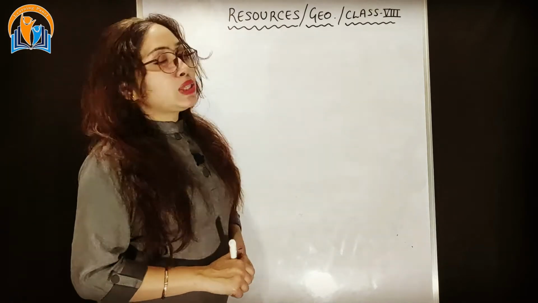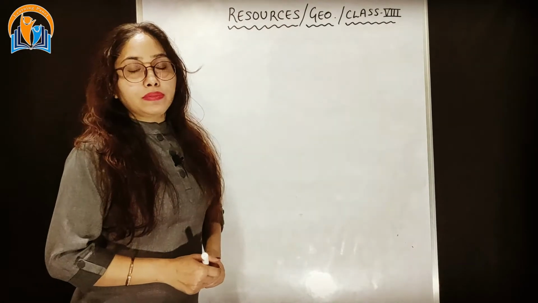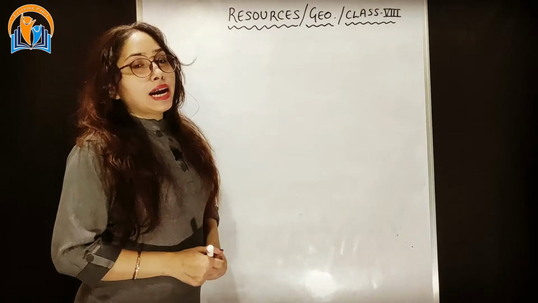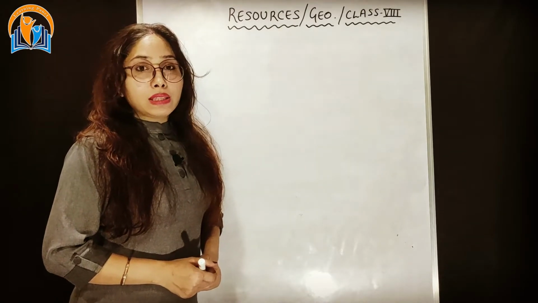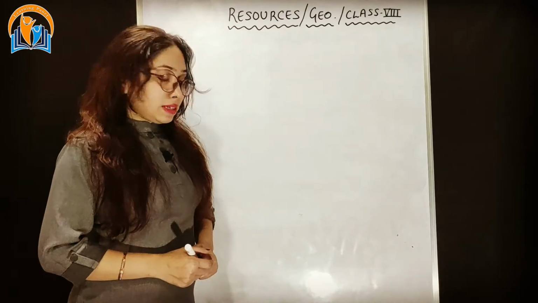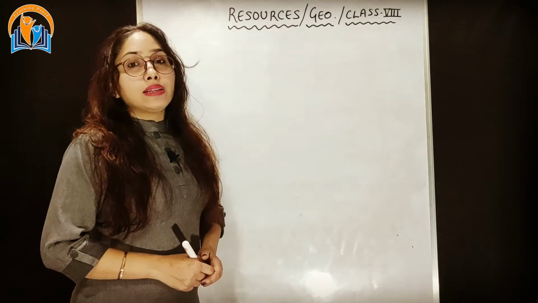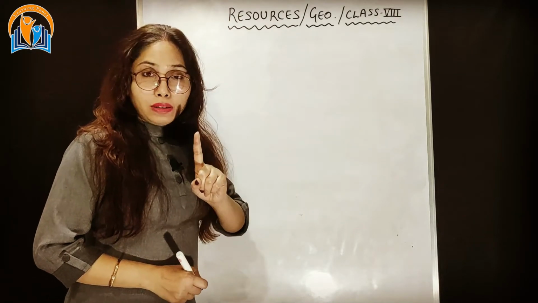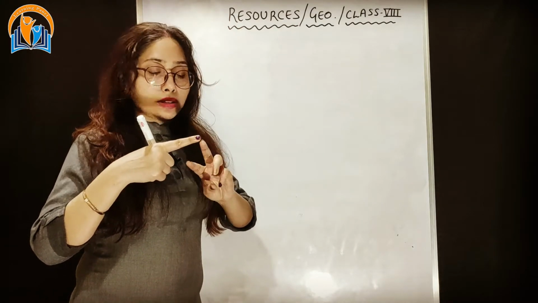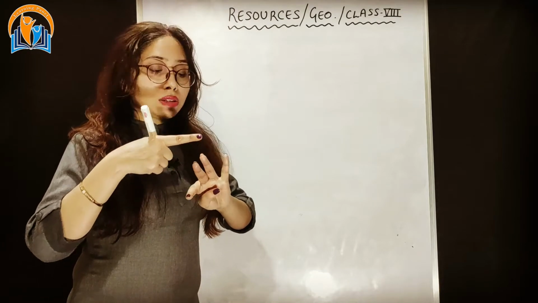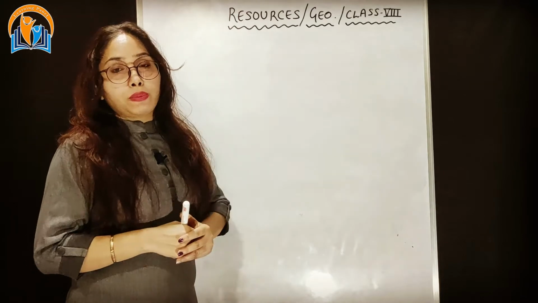Today, let us continue chapter number 1 in Geography of Class 8th. Before extension of the chapter, let us have the outline of the chapter, meaning what we are studying in this chapter. As I told you before, in this chapter we are studying the meaning of resources, types or classification of resources, value of resources, utility of resources, and the last, conservation of resources.